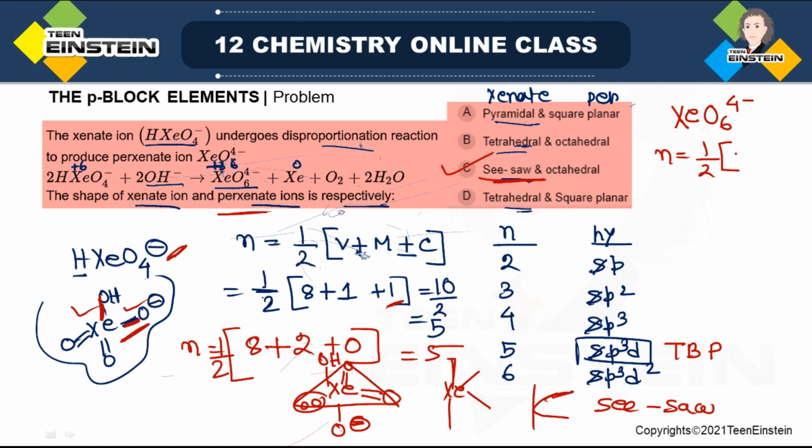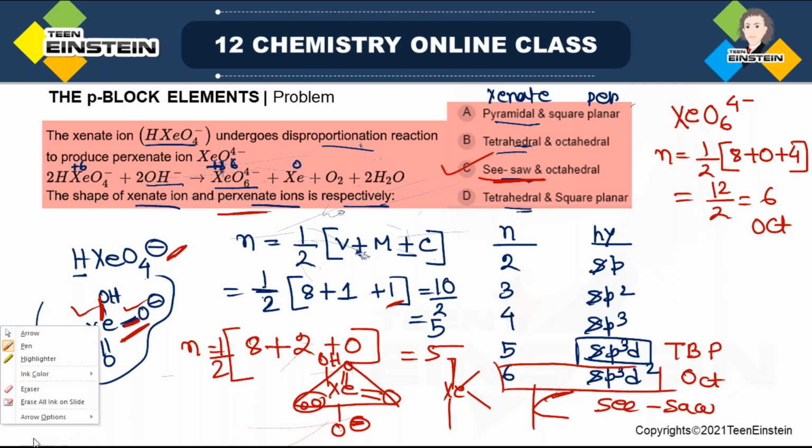So 8, there are no monovalent atoms attached, all are double bonded oxygen, but the charge we will consider is 4. So it is 12 by 2, that means 6, octahedral. It has to be octahedral because, see, in the second one it is octahedral. Xenon, 6 oxygen.